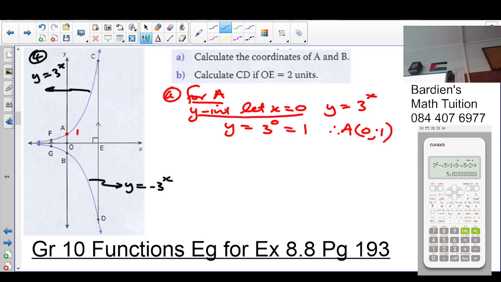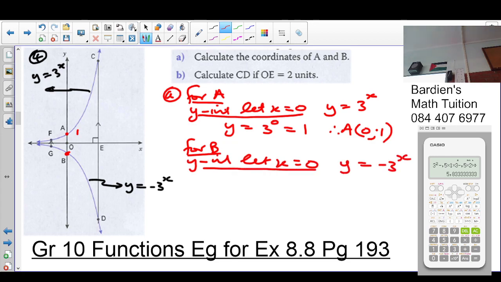For B, there's also a y-intercept, not so? So for the y-intercept, we let x equal 0 in the graph of y equals negative 3 to the x. So we have y equals negative 3 raised to 0, which is negative 1.